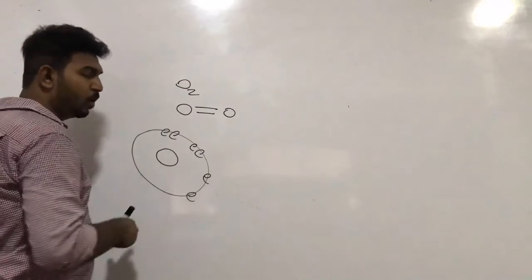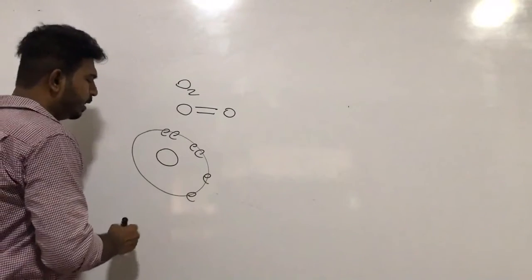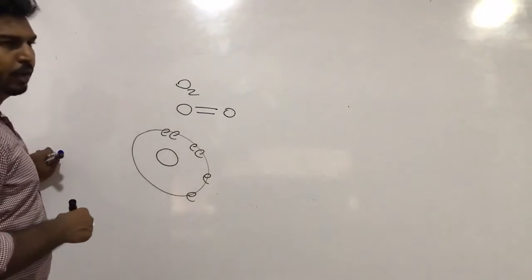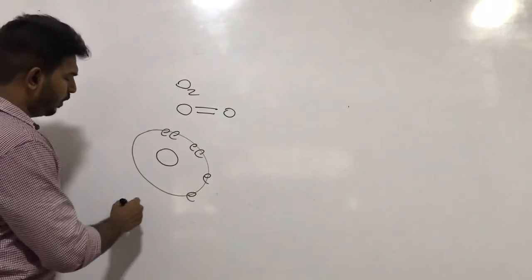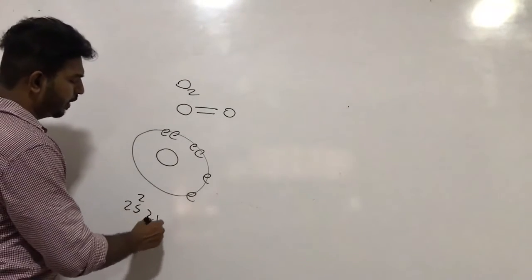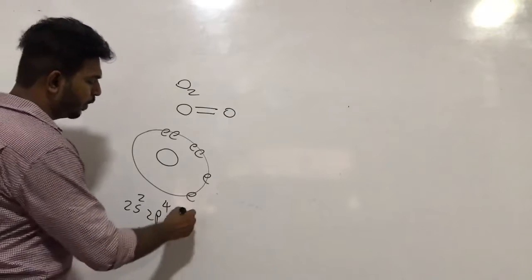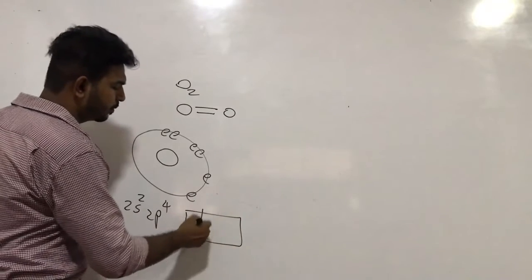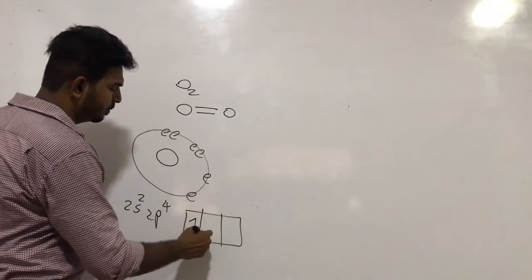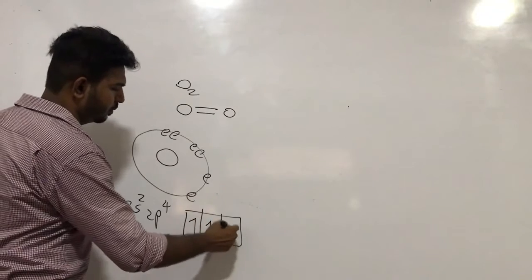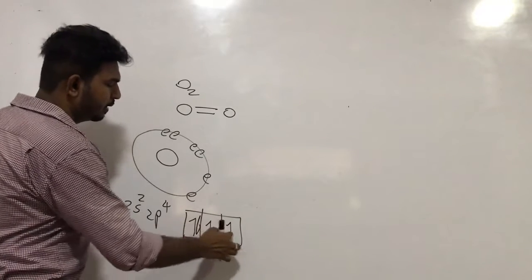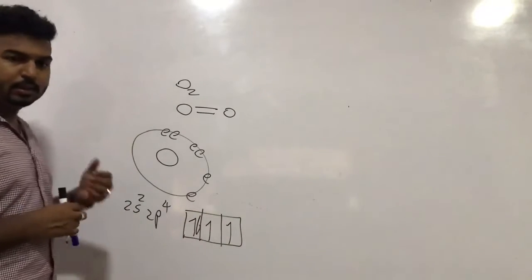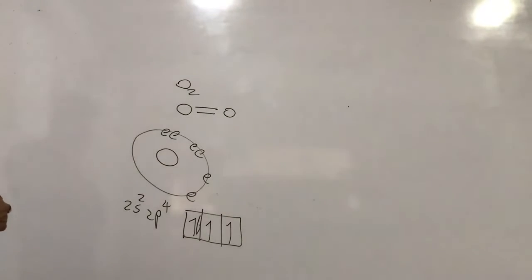That means there are 2 unpaired electrons there. Why is that? Since the electron configuration is 2s2 2p4, if we consider the p orbital, there are 2 unpaired electrons.